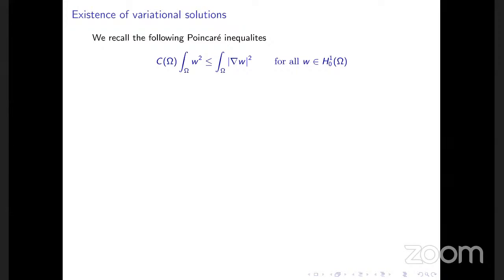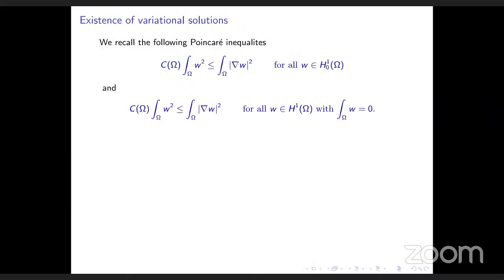So the usual Poincaré inequality, as you all know, says that the gradient of the function is bounded by the L2 norm of the function, if I am zero at the boundary, with a constant which depends in general on the measure of omega, and which of course blows up when the measure of omega becomes smaller and smaller. But at the same time, we also have the Poincaré inequality, which is sometimes called the Poincaré-Wirtinger inequality, in which case the function should be perpendicular to 1, to the constant function 1.